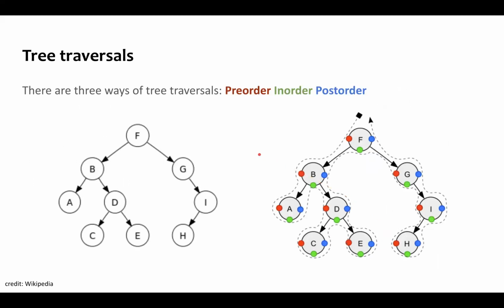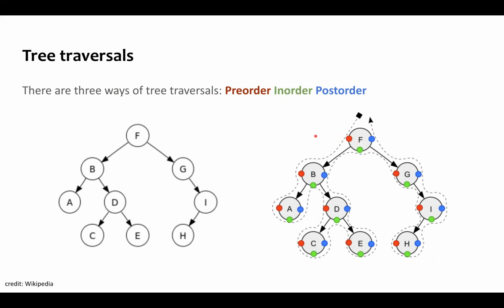So in summary, we have talked about 3 ways of tree traversals. The first one was pre-order. When we are doing pre-order traversal, we're going to visit the node when we are passing the left side of a node. And we talked about in order.